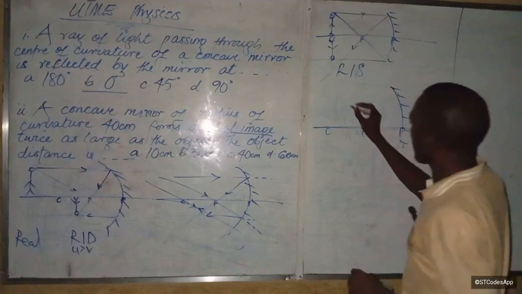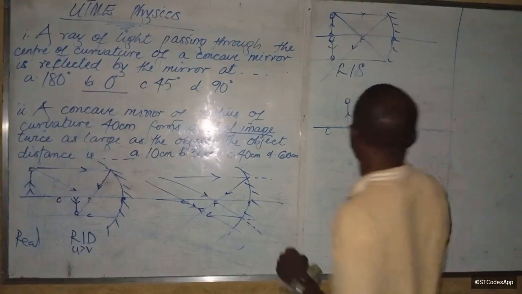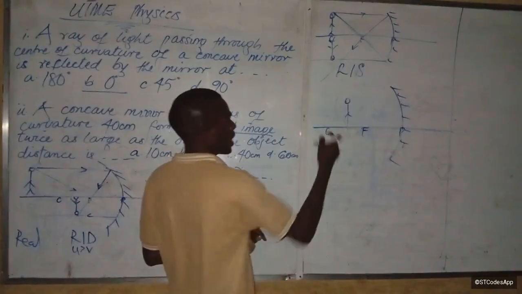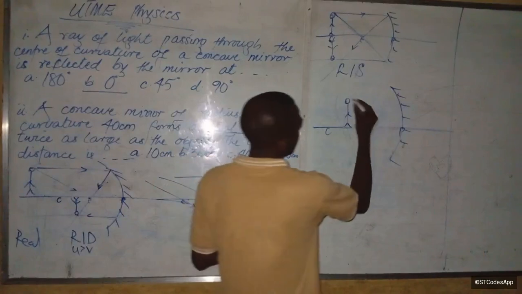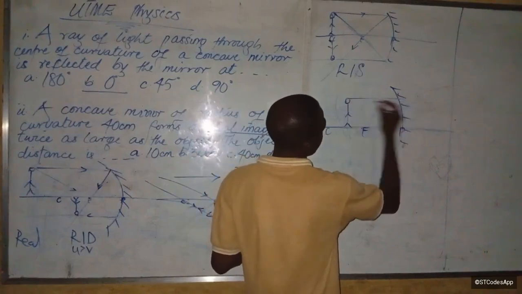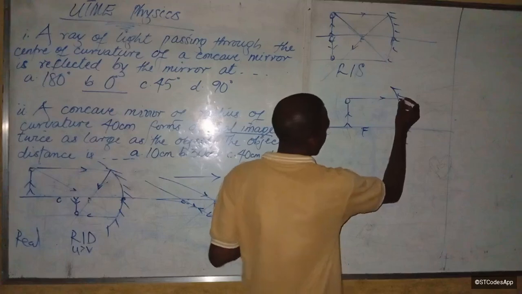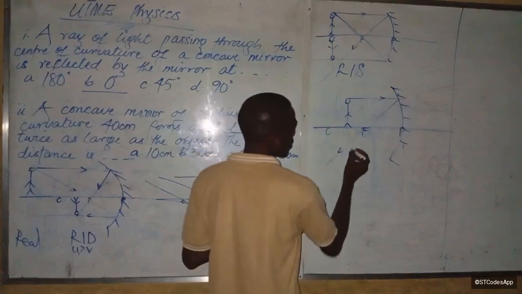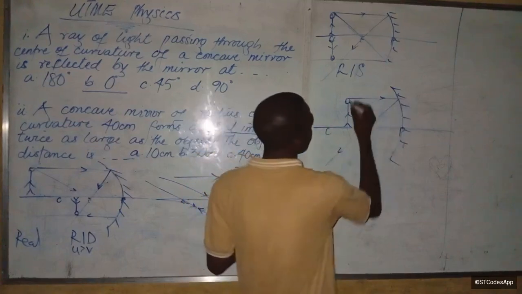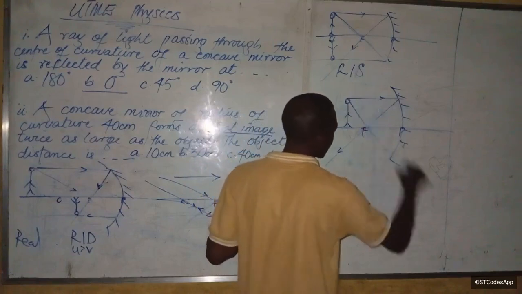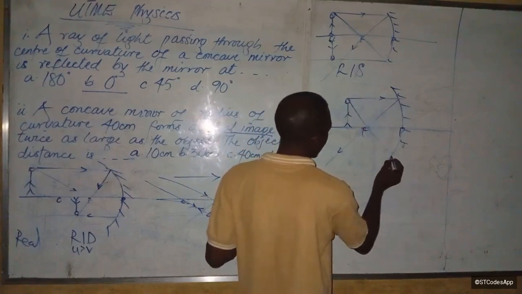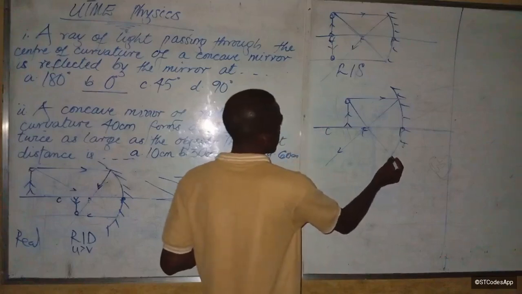If I place my object at this point, the same principle applies. When you draw an incident ray parallel to the principal axis, it passes through the focus. If you draw one to pass through the focus first, by the time it's coming back, it will be what?